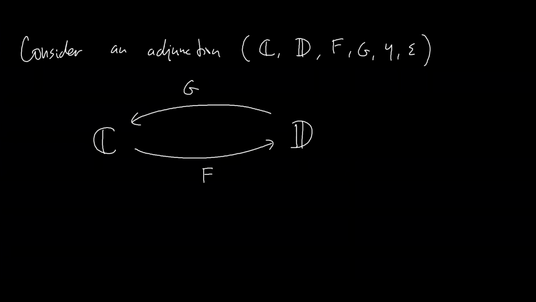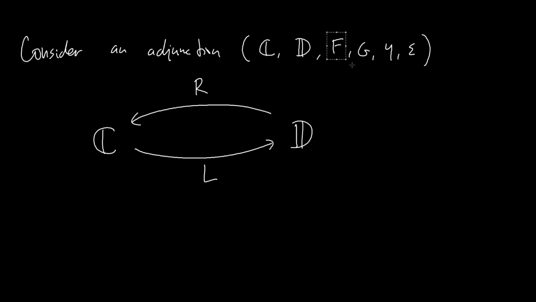And let's add to this picture a diagram, and let this diagram be inside the category D. But now we'll have a little bit of a clash of notation between this G there and the one we use for a graph. So I'm going to rename these to R and L, R for right adjoint and L for left adjoint.